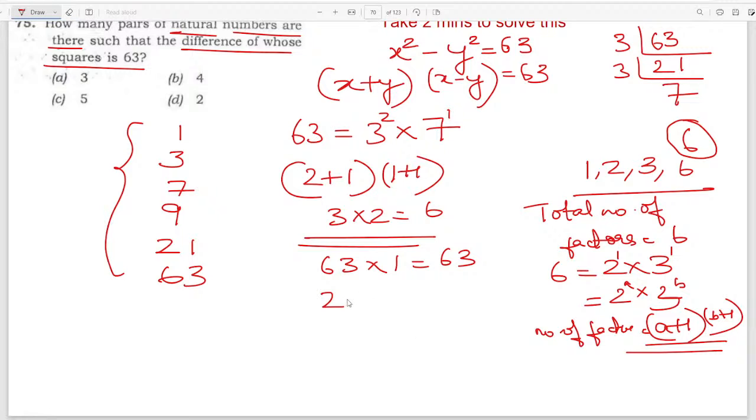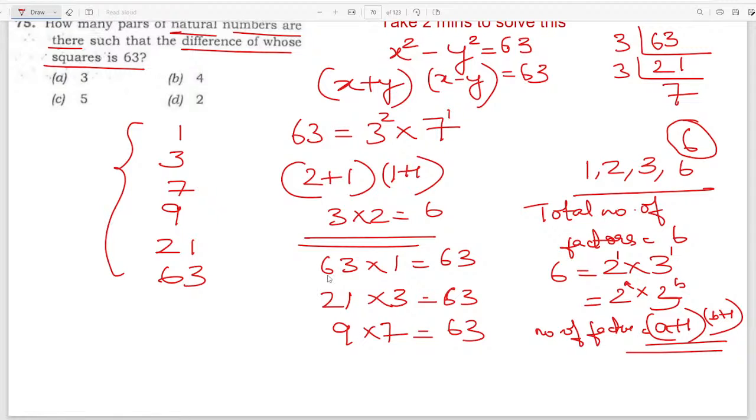This can be written as 21 into 9, it is equal to 63. 21 into 3, 21 into 3 is 63. And 9 into 7 is 63. So these are the 6 factors: 63, 1, 21, 3, 9, 7.